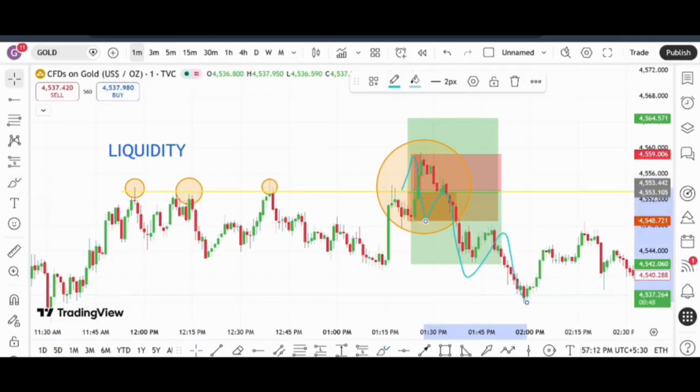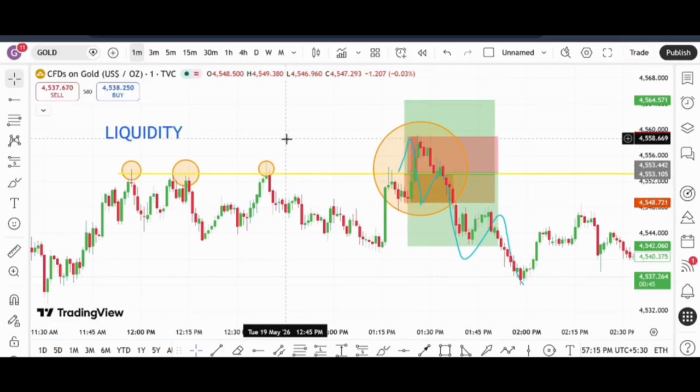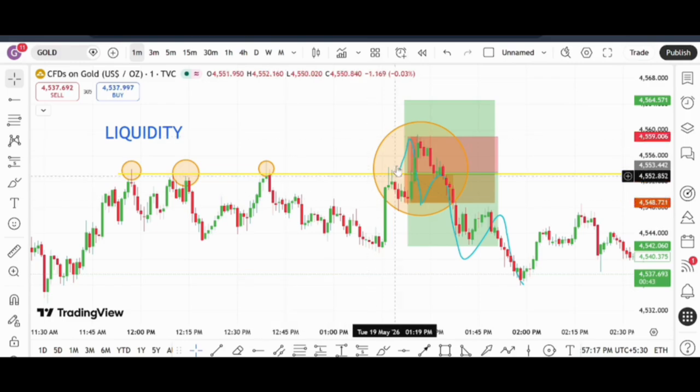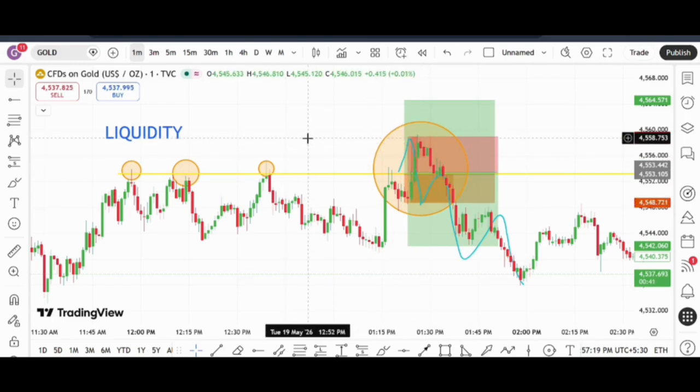See, this entire process, price moving slightly upside and collecting stop losses of both sellers and buyers, is called a liquidity sweep, liquidity grab, or stop hunting.